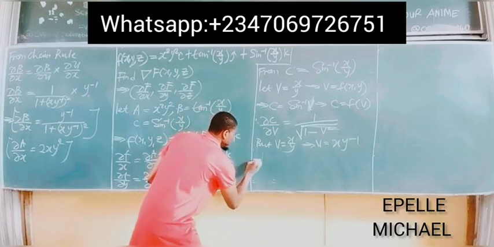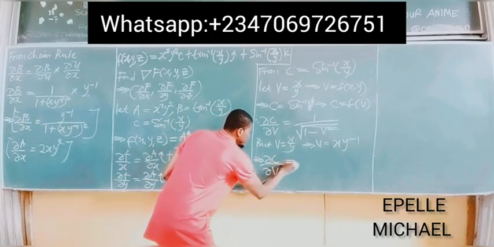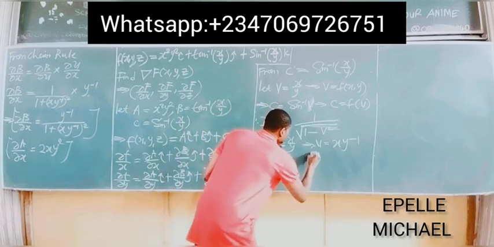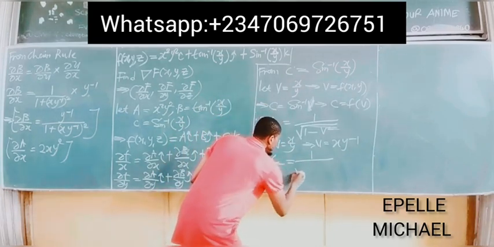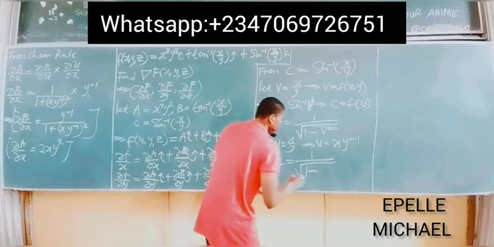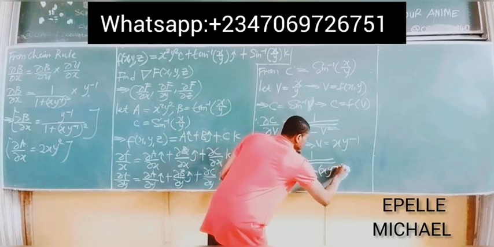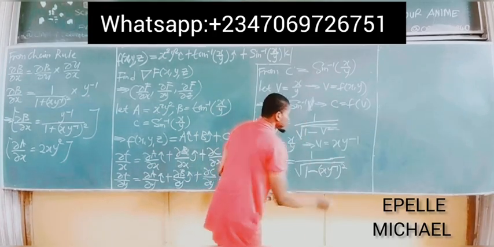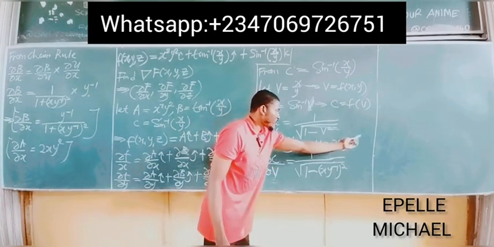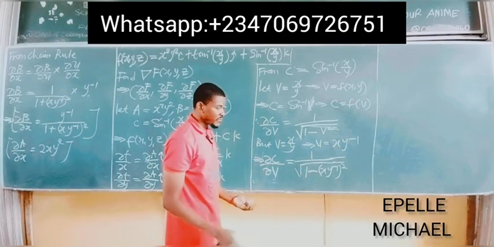So this now implies that the partial derivative of c with respect to v is actually equal to 1 all over square root of 1 minus, in place of v squared, we simply have x y to the power of minus 1 all squared. Okay, because we said v is simply x y to the power of minus 1, and v here is squared. So you simply have this to be partial c partial v.